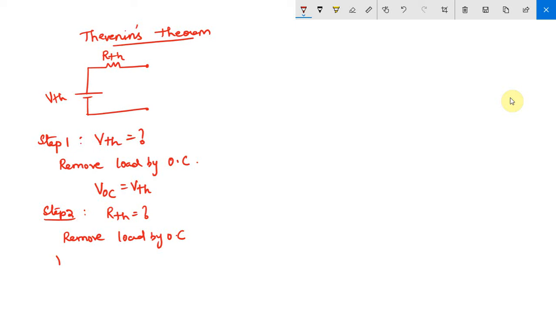If the source is a voltage source, we remove it by short circuiting, and if it is a current source, we remove it by open circuiting. Then we find the resistance across that open circuited path, which is the Thevenin's resistance RTH.